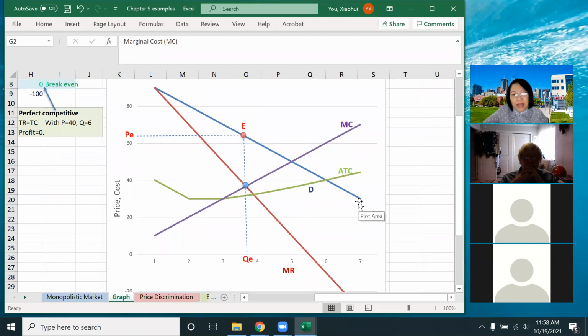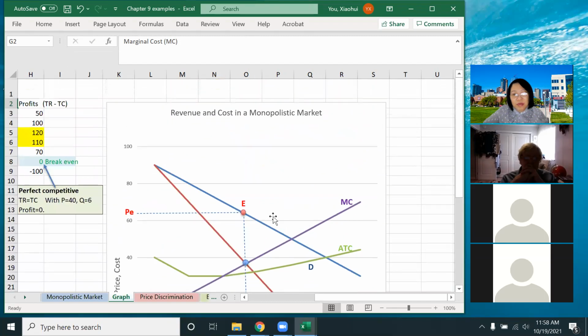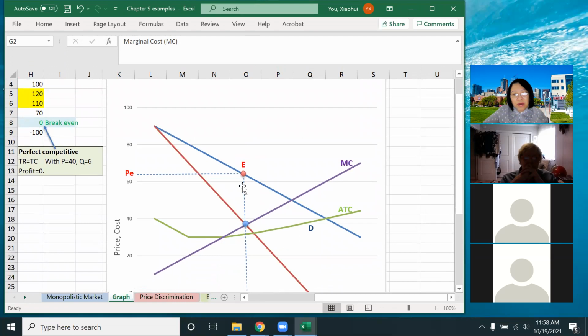So what's this blue line? This blue line is the price. So we intersect the price line at E. And then we find the PE here, above 60, but should be below 70, right? Because this is 80, so the middle should be 70. So between 60 and 70, this is the PE.